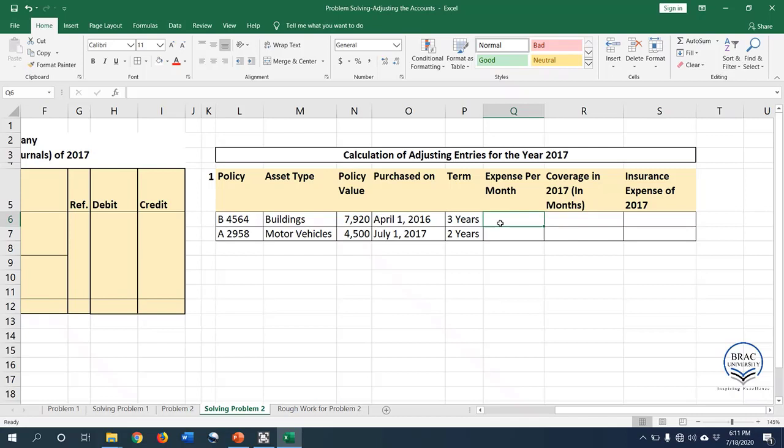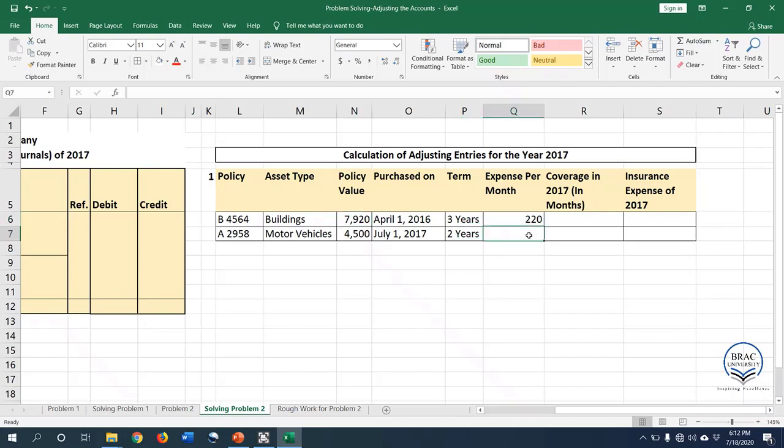We just have to write 7,920, the total value we have paid for this policy, divided by 36 months or 3 years. If I divide by 36, I get 220. This 220 is the insurance expense for each month. Every month 220, 36 months, 7,920. As simple as that. Okay, so this is our insurance expense per month for policy B.